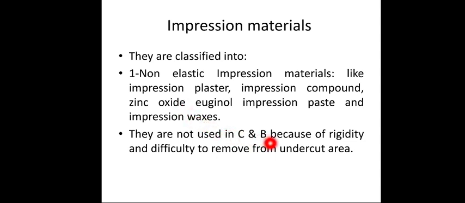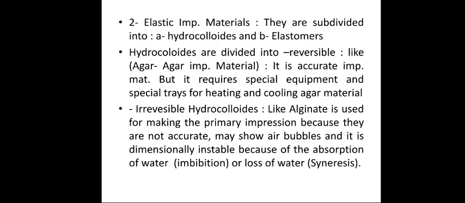While the elastic impression materials are used for dentulous areas, such as the construction of partial denture or for construction of a fixed bridge. The elastic impression materials are subdivided into hydrocolloids and the elastomers.